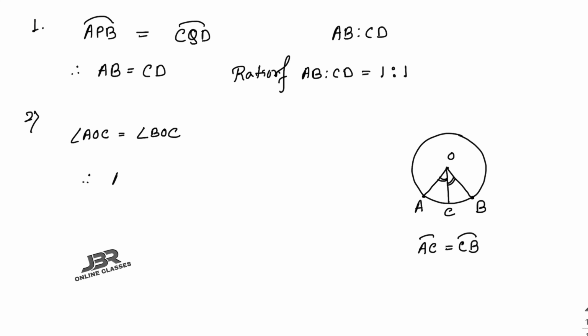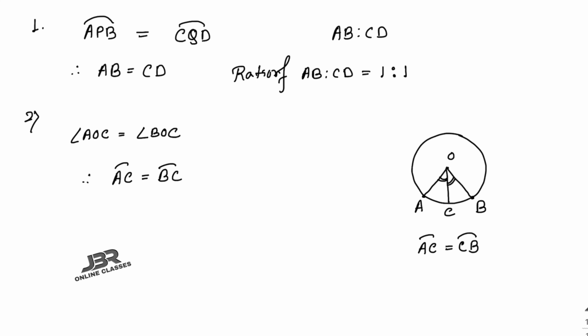Then according to the properties, AC is equal to BC, because equal chords of the same circle subtend equal angles at the center of the circle. Clear?